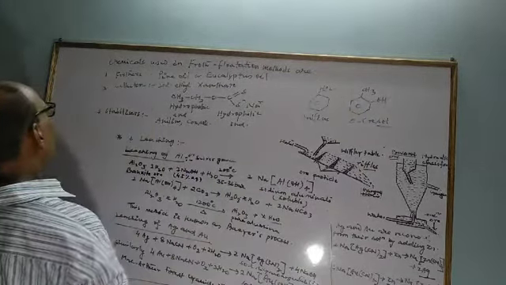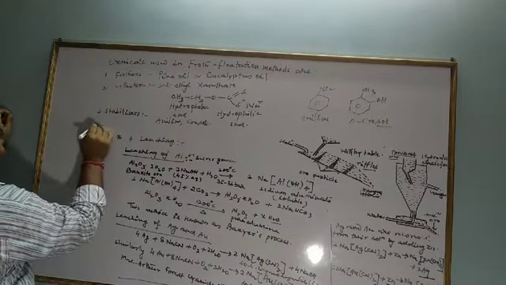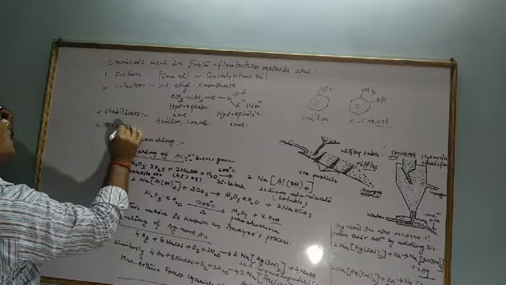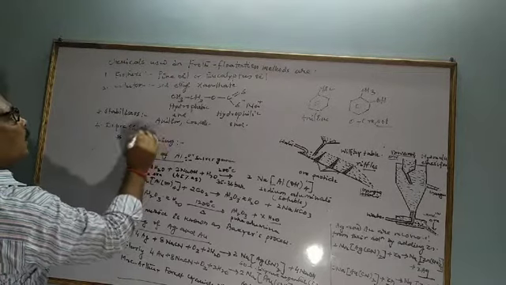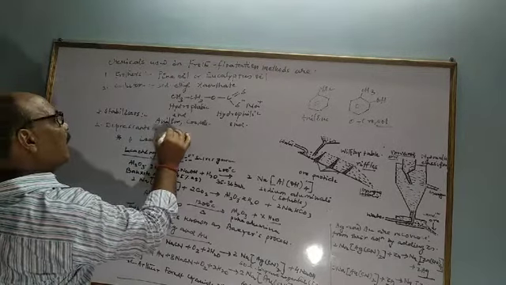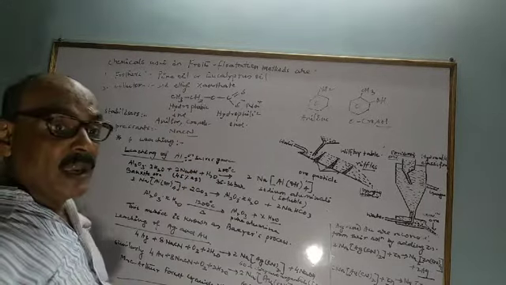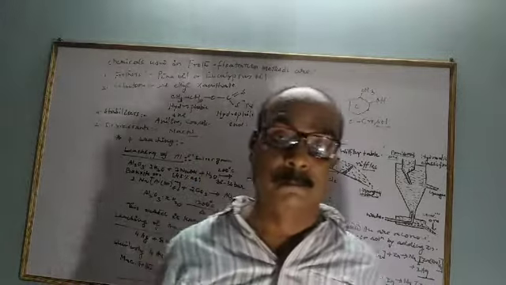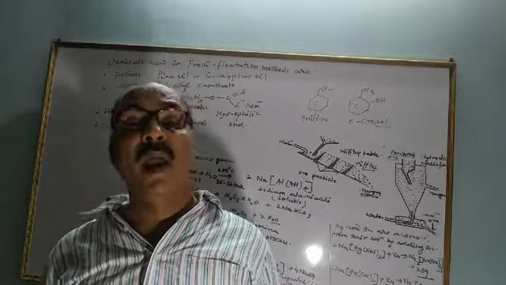And the fourth one is the depressant. Depressants, example, NaCN. In case ores contain two types of sulfide, as we see in case of zinc sulfide and PbS.